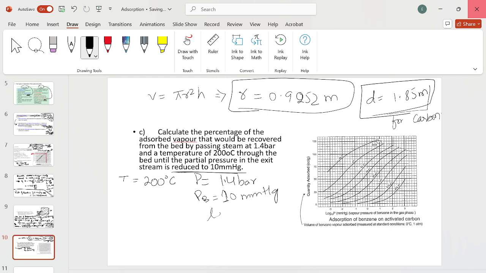So we'll just take the log and it is 1. At 1, we will just plot the graph at 200 degrees C, which is around here, and at 1 temperature it is around 20.